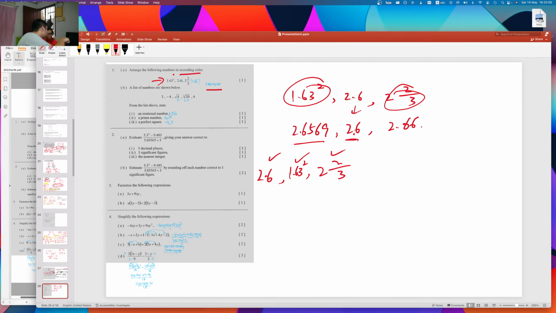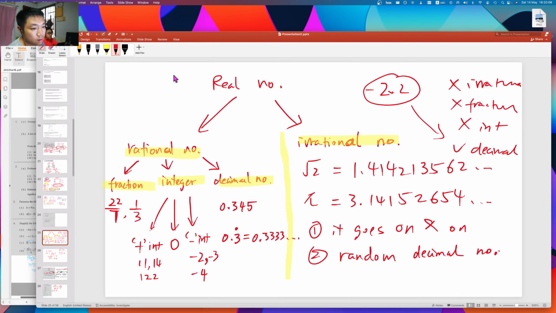Where's your highlighter? I highlighted all the categories already. Can you see? These are called categories. I think irrational numbers are very easy, just like you. Keep making mistakes on and on, and then random. So 3, where do you put 3?